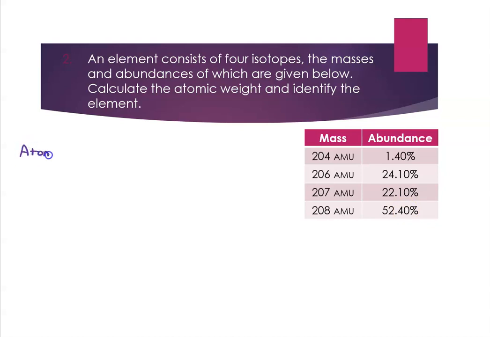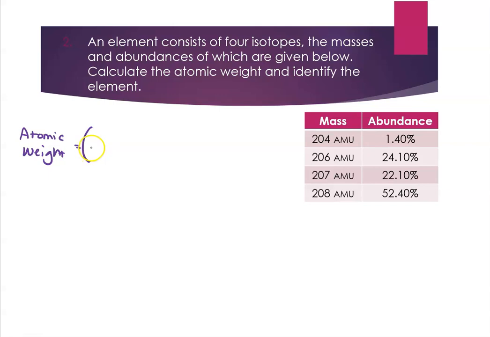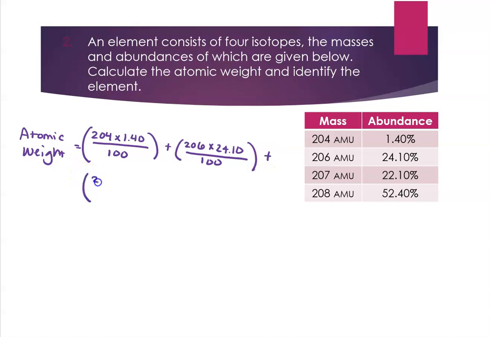The atomic weight is going to be equal to, the first isotope is 204, and its abundance is 1.40, divide by 100, plus 206 times 24.10 over 100, plus 207 times 22.10 divided by 100, plus 208 times 52.40 divided by 100.